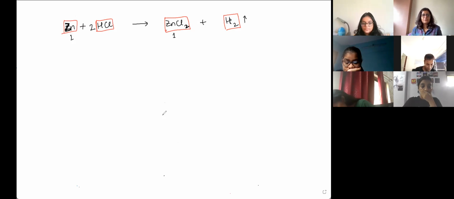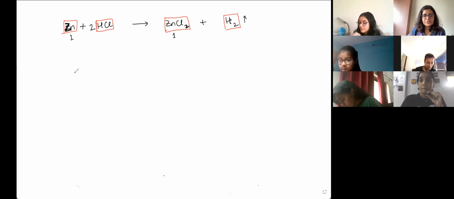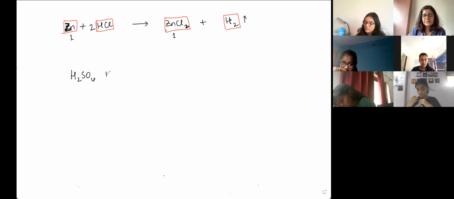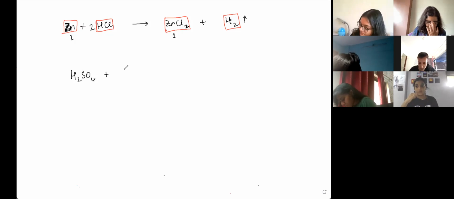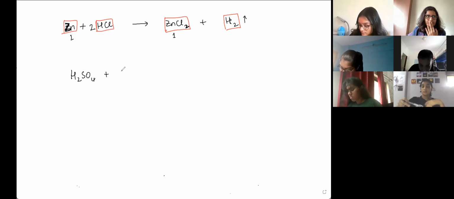All right, next one. We'll do a proper acid-base reaction now. H2SO4, this is sulfuric acid, plus what could it be?